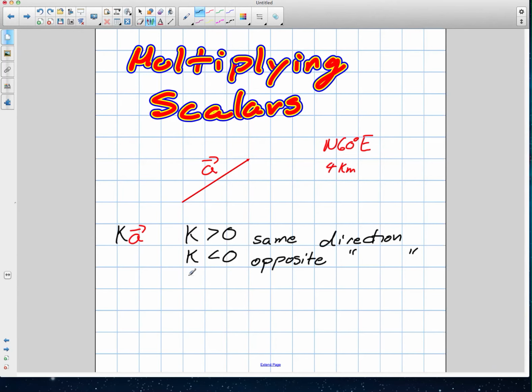And finally, if k is greater than 1, it makes the vector larger or longer. And if k is between 1 and 0, it makes it shorter. Okay. And we'll show you some quick examples of that.